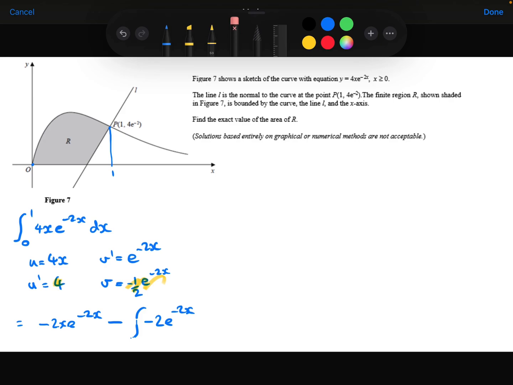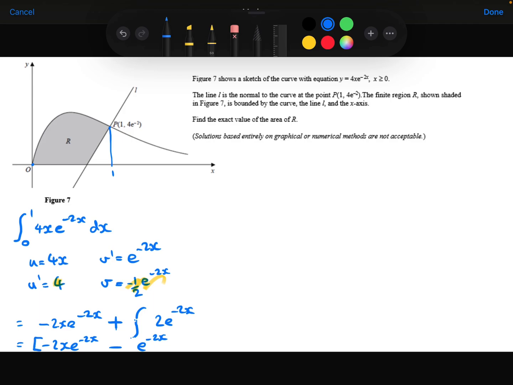Now to make that integral easier, I'm going to take the minus outside, the double negative. And now this will integrate easily. The exponential will integrate to be the exponential, and dividing by the minus 2 will give that as my answer for the integral.